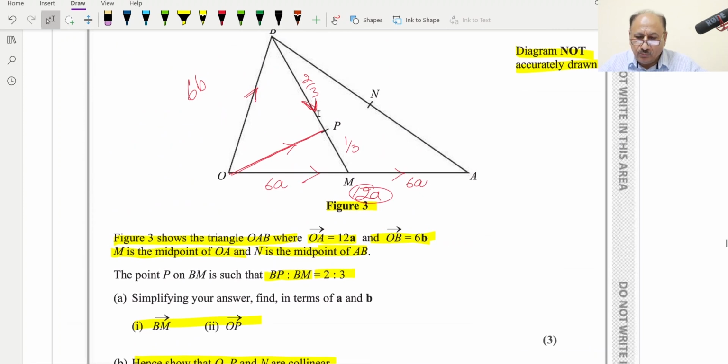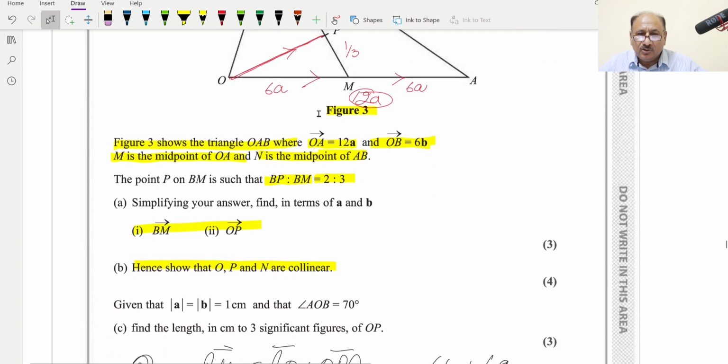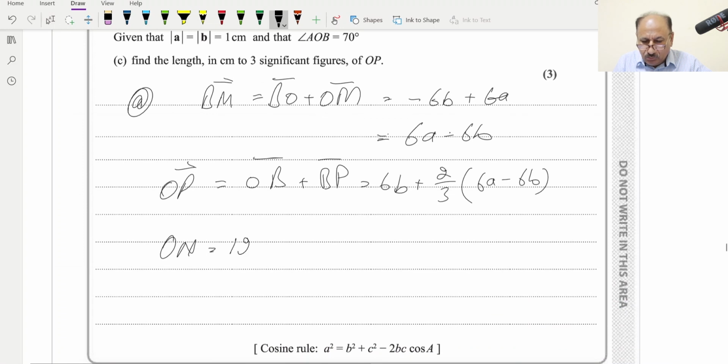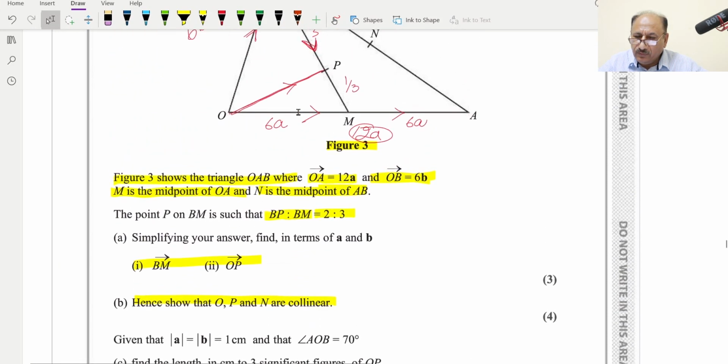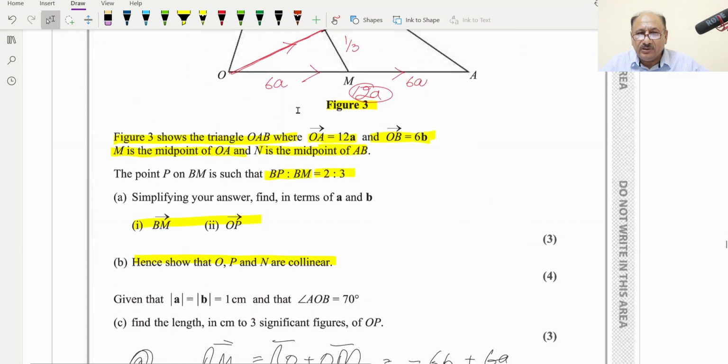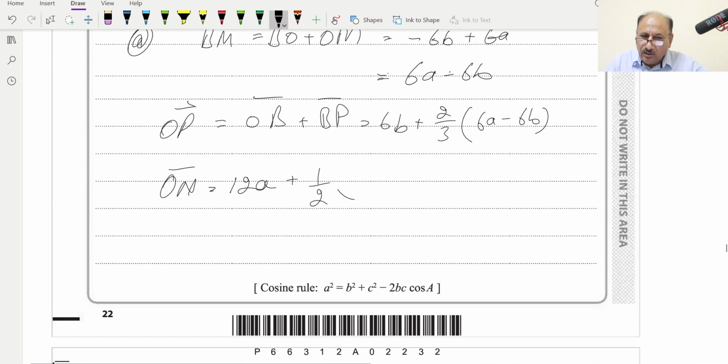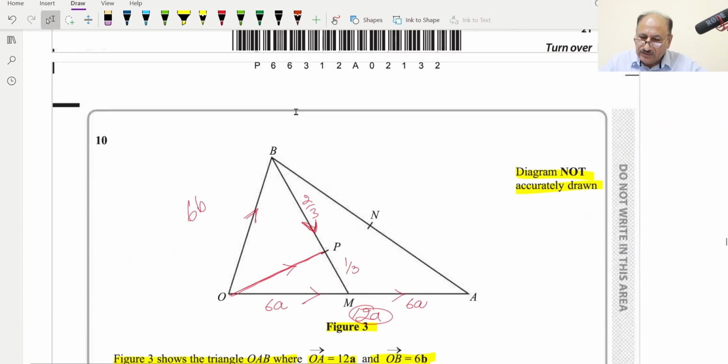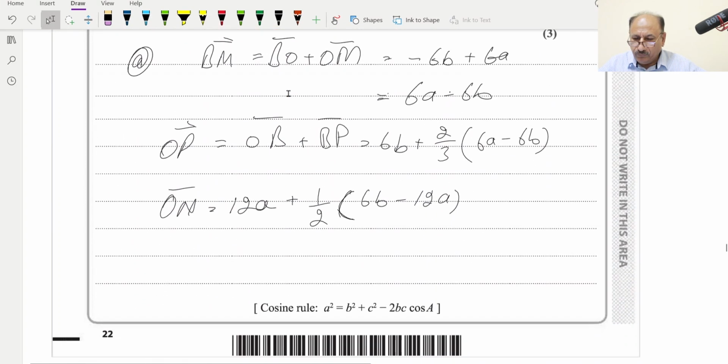ON will be equal to OA plus AN, which is 12a plus half of AB. AB is 6b minus 12a, and N is the midpoint, so half of this we have taken. Hopefully you are understanding.